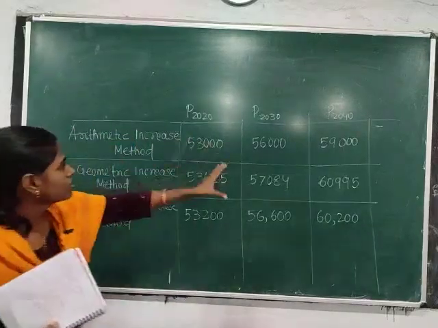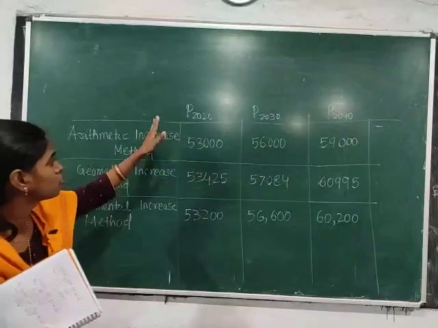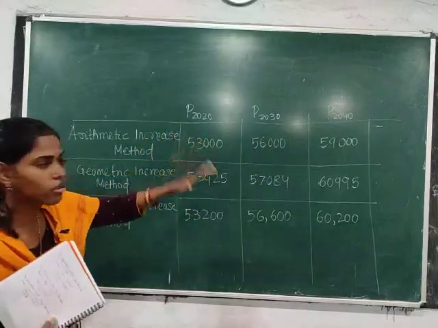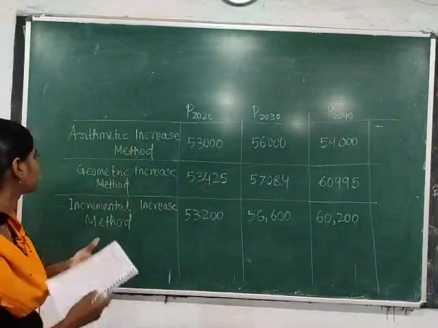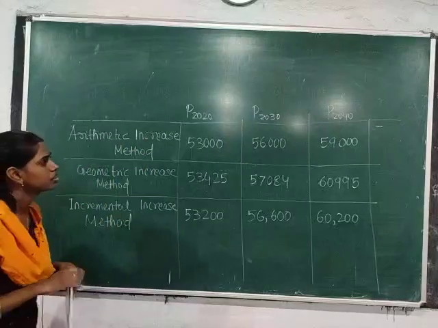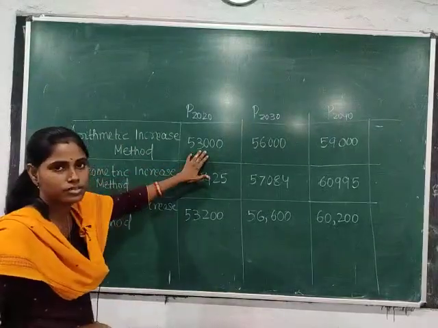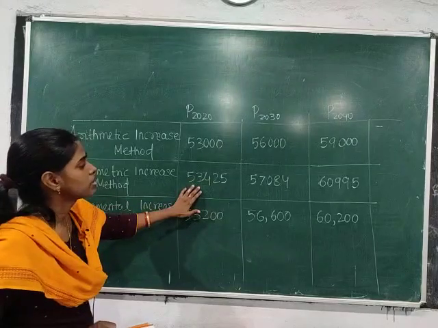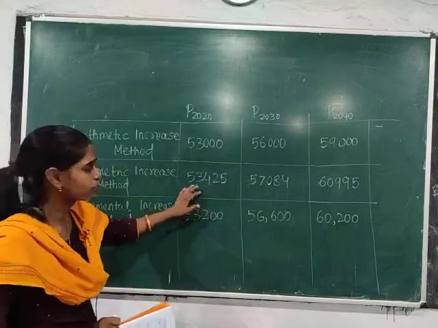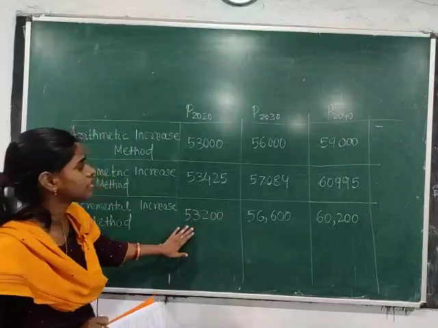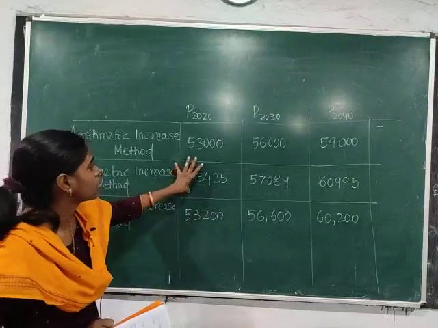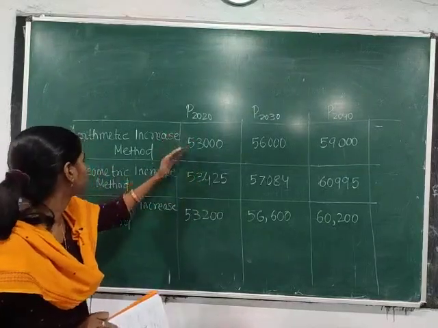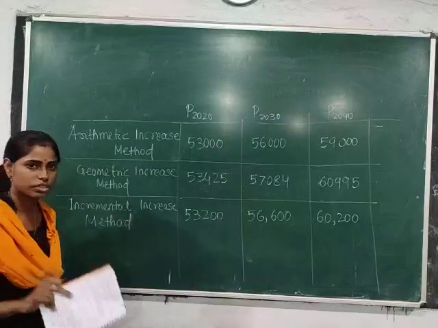So, in 2020, 30 and 40, in all the cases the arithmetic increase method is giving the lower result, whereas the geometric increase method is giving the highest value and the incremental increase method is giving the result in between the arithmetic and geometric increase methods.